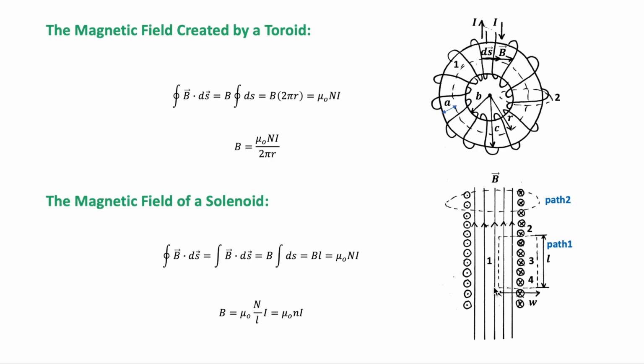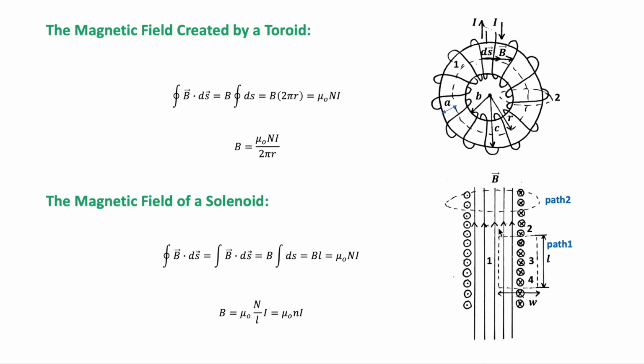For closely spaced turns of a solenoid of finite length, the field lines are shown here, and they diverge from one end and converge in the other, similar to the field lines of a bar magnet, where one end of the solenoid behaves like the north pole of a bar magnet and the other end as a south pole. The field inside the solenoid becomes more uniform as its length increases.